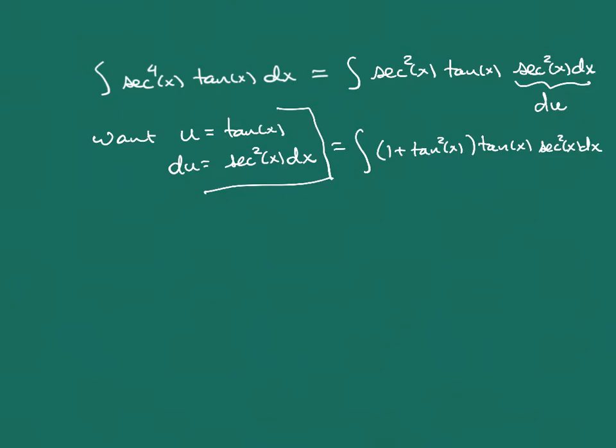Now, sure enough, we can go forward with the u substitution. This is going to look like 1 plus u squared times u times du.